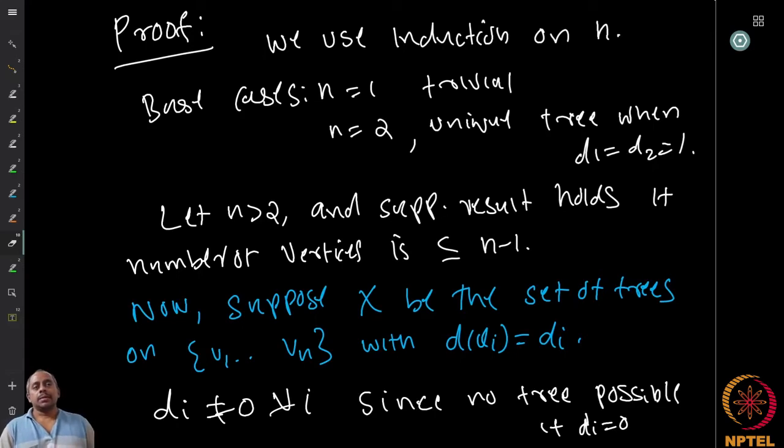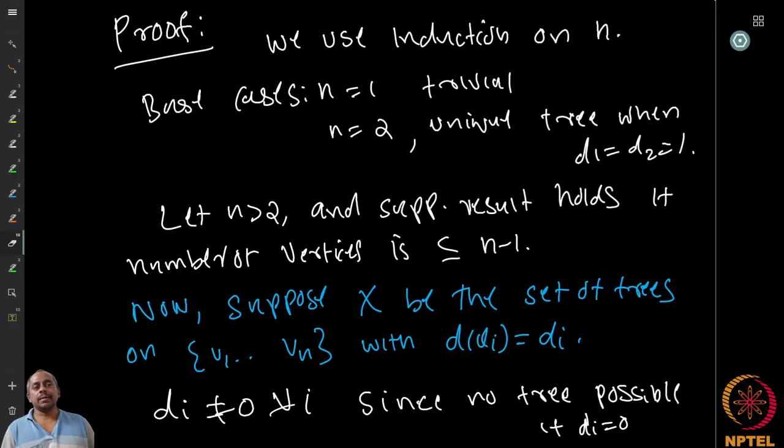So we can observe that di cannot be 0 for any i, right? Because we are talking about trees, and because a tree is connected, this is one way to look at it. We cannot create any tree if di is 0 for some i, because it cannot be connected, as long as we are not looking at the trivial tree where n is equal to 1. We are assuming that n is strictly greater than 2.